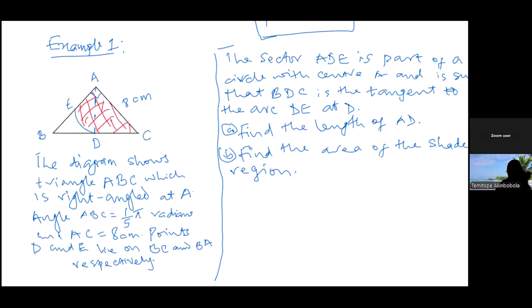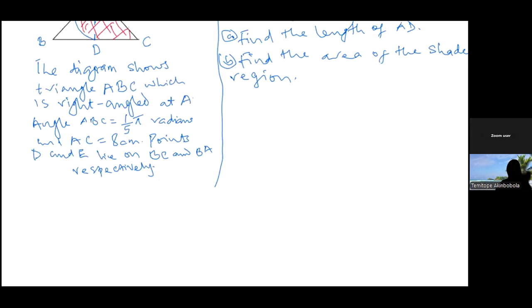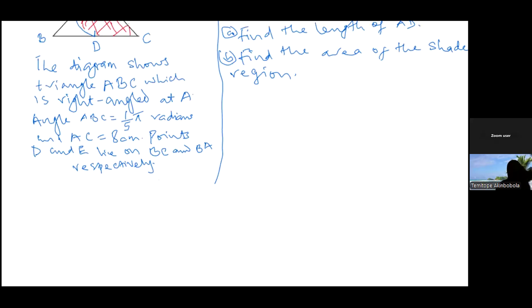So I'm going to scroll up while we see the solution. Now, the first part of the question says we should find the length AD. So to do that, what do you think we will do?